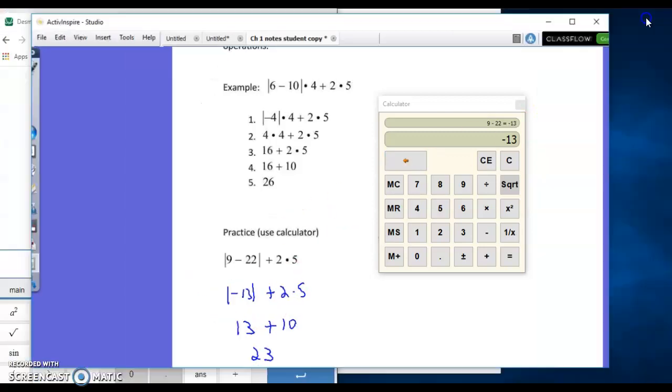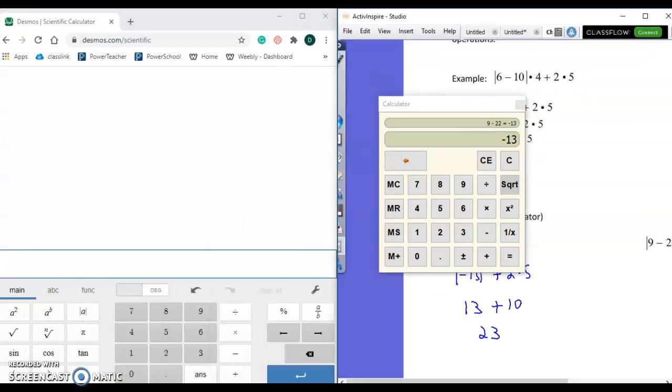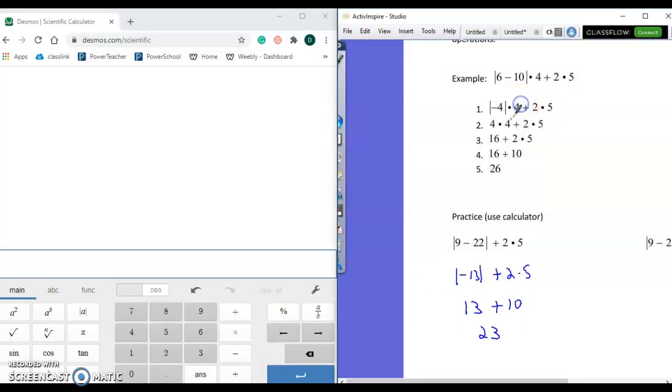We can also use our Desmos calculator. It has an absolute value button, so we can use this button for the absolute value of 9 minus 22. Oops, let's clear that. 9 minus 22. Oh, now I forgot the absolute value.